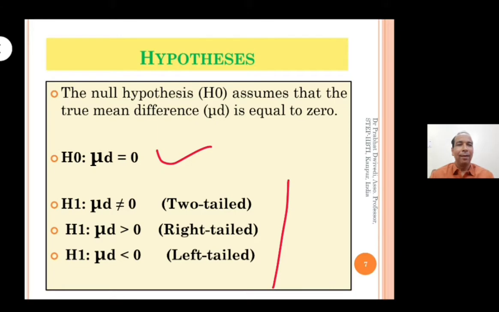One, mu d is not equal to 0. Another, mu d is greater than 0. Still another, mu d is less than 0. When mu d is not equal to 0, we test for a two-tailed t statistic. When mu d is greater than 0, it is a right tail test, and when mu d is less than 0, it is a left tail test.